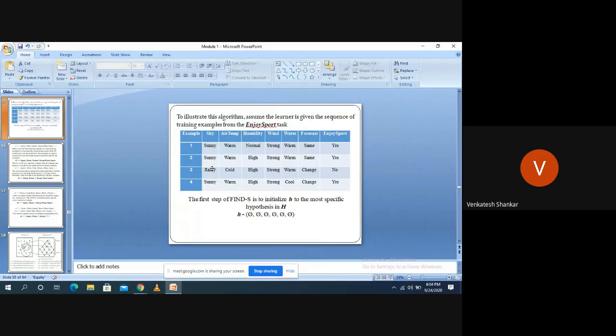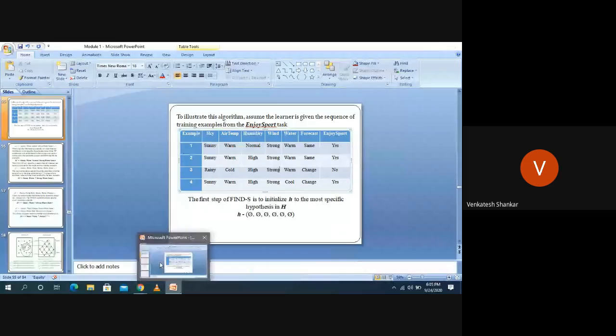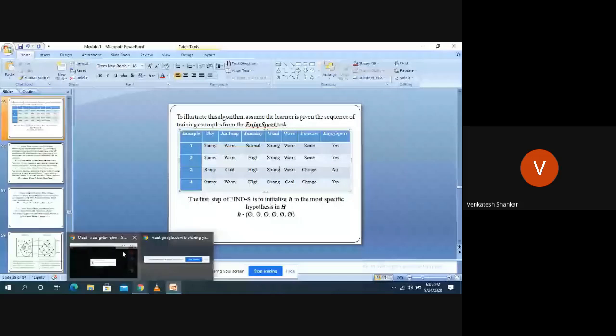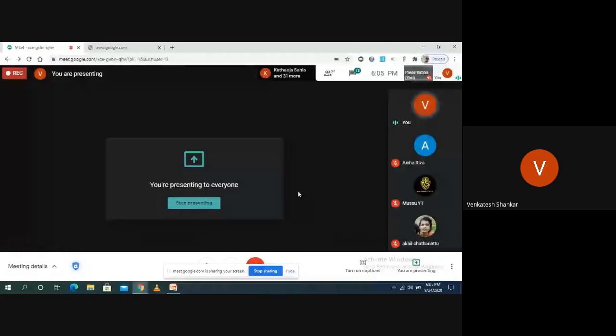For the first instance: sunny, warm, normal, strong, warm, same. These we can call the values. Sky, air temperature, humidity, wind, water, forecast we call attributes. 1, 2, 3, 4 we call instances. I hope you understood. So these are the instances, attributes, and the values.